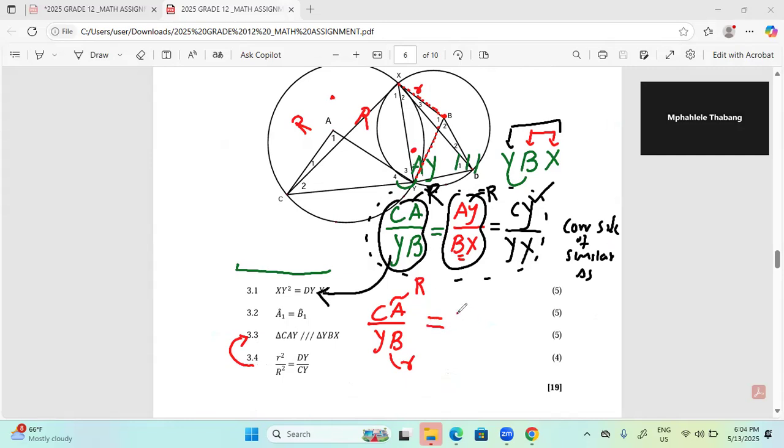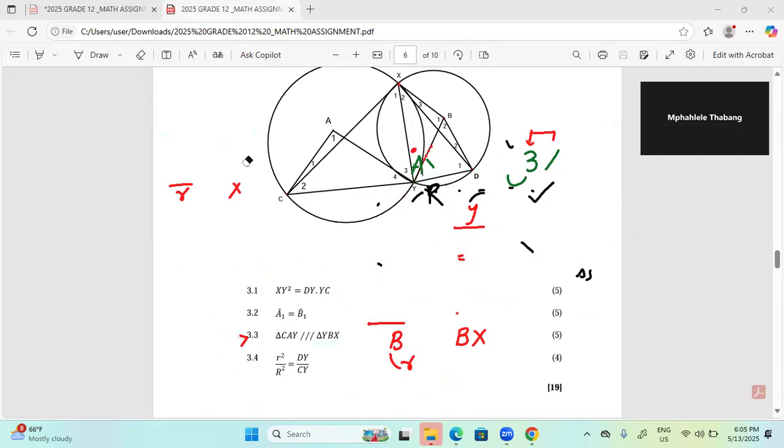I'm thinking we have to go with AY over BX, and AY represents capital letter R. So currently I'm having R over r equals R over BX, and BX should not be there in the problem actually. Something is not adding up, guys.